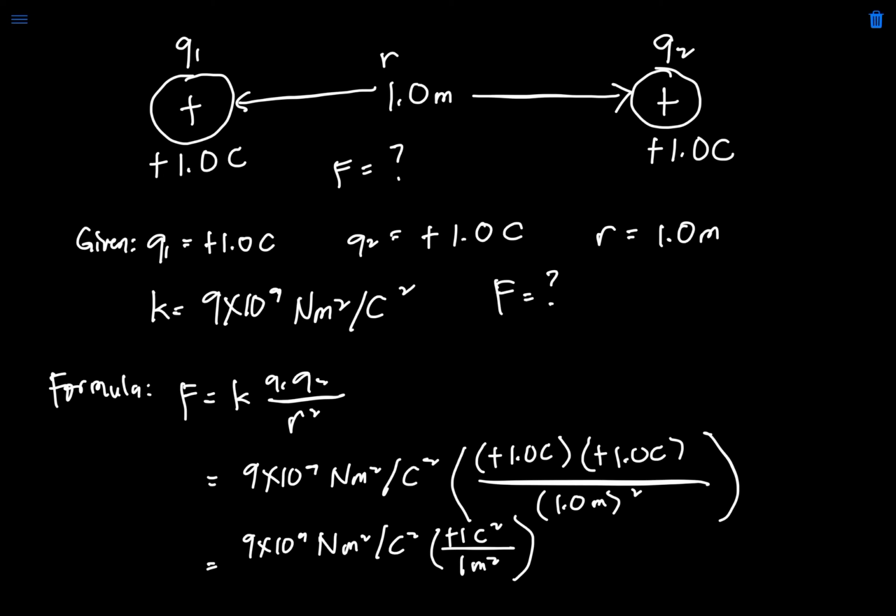So we can cancel these units, meter squared and Coulomb squared. And our final answer will be 9 times 10 raised to 9 newtons. Okay, so when we compute for the force, our unit will always be in newtons.